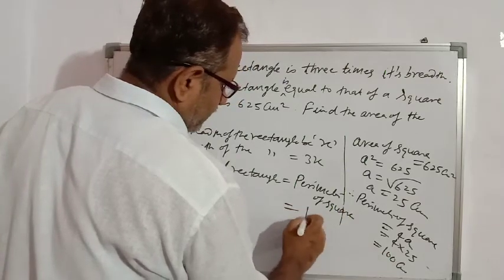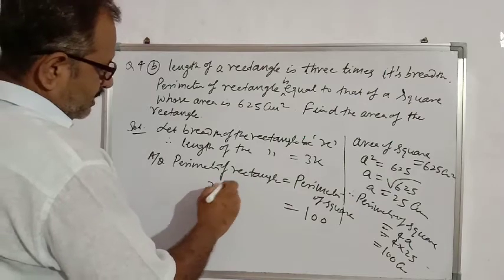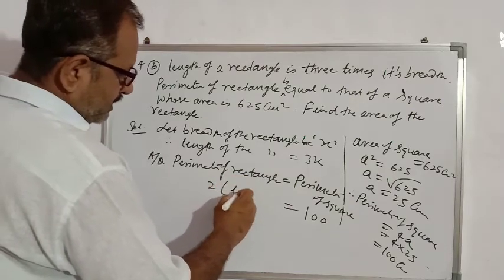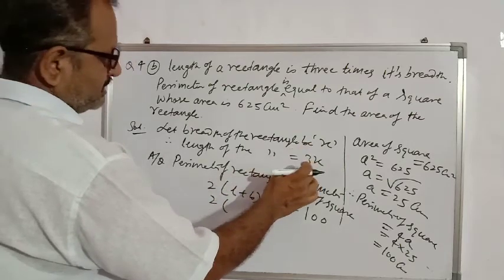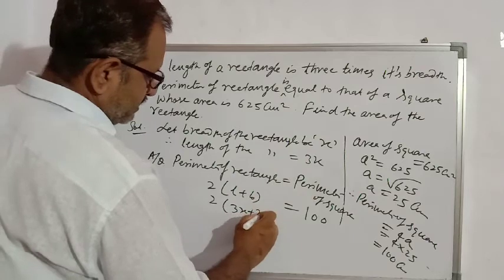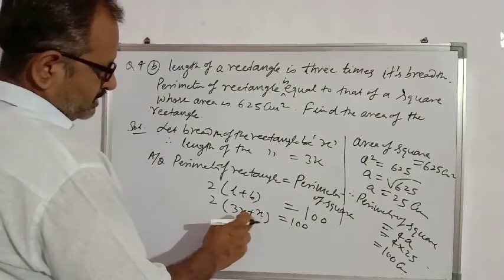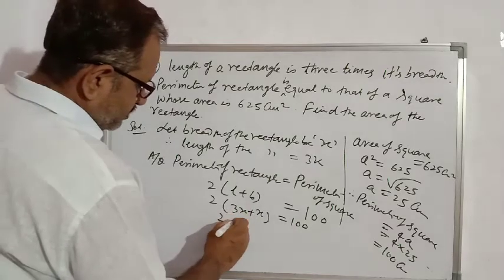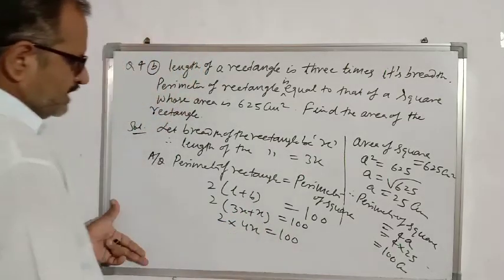Perimeter of square is 100, so perimeter of rectangle is also 100. Formula of perimeter of rectangle is 2(L plus B). So length is 3x and breadth x, 2(3x plus x) is equal to 100. 3x plus x is 4x, so 2 into 4x is equal to 100.